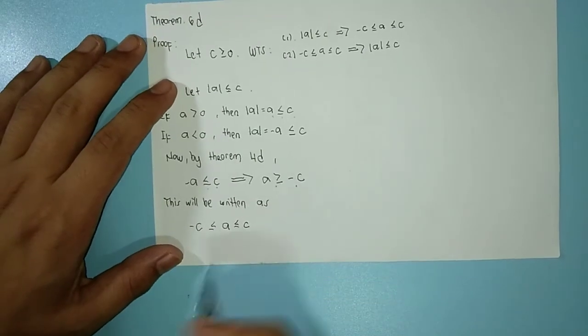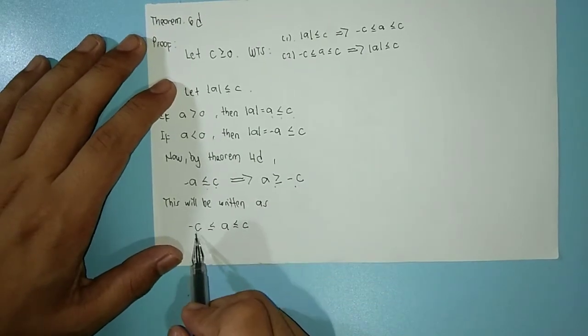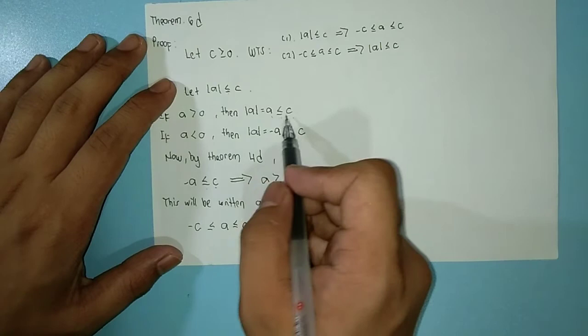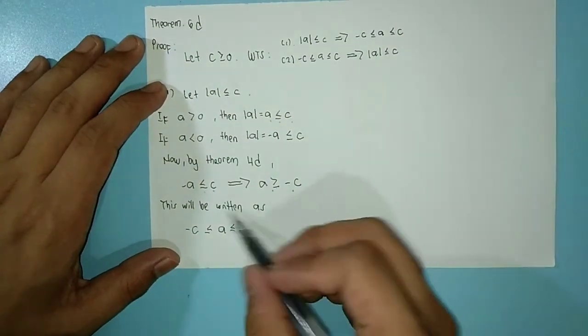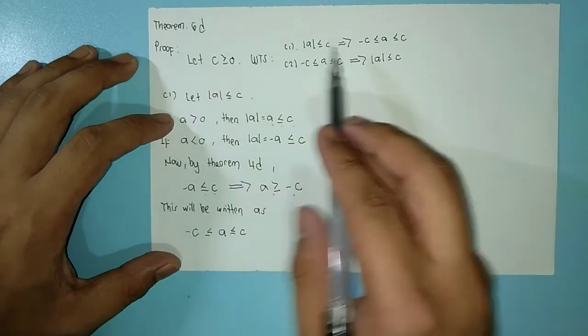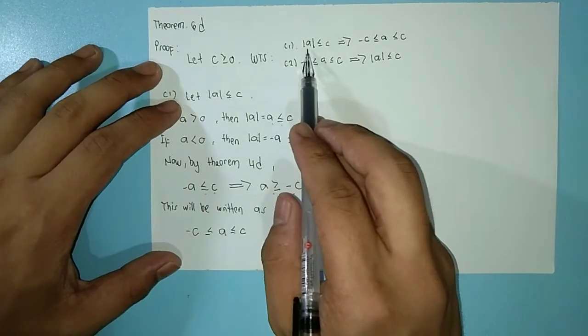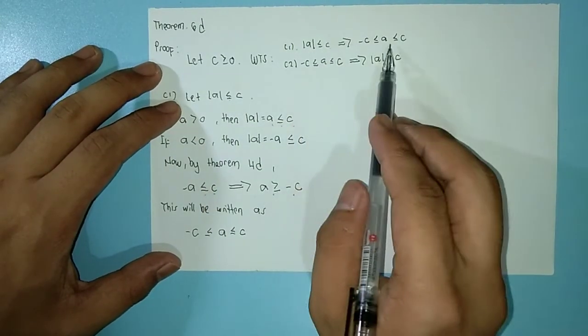Okay, yung a daw greater than or equal to negative c, tapos less than or equal to c. So, okay yung ating first case. Mula dito, absolute value of a less than or equal to c, na-prove natin to.